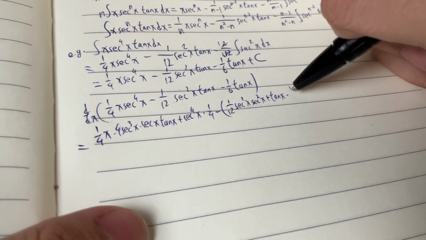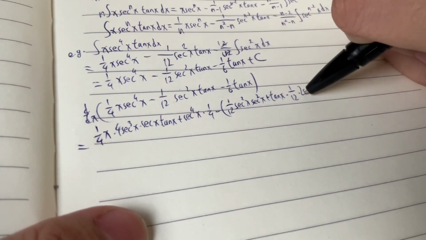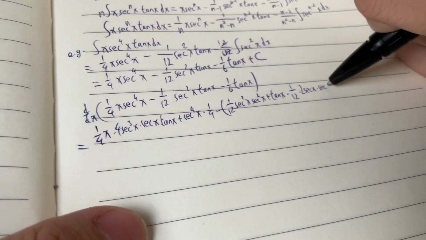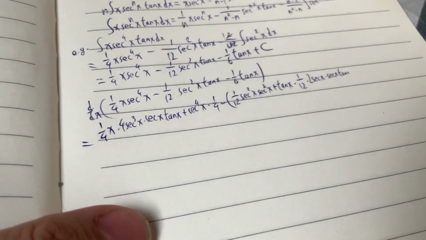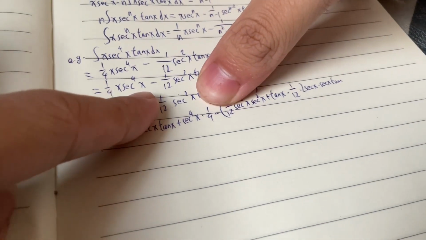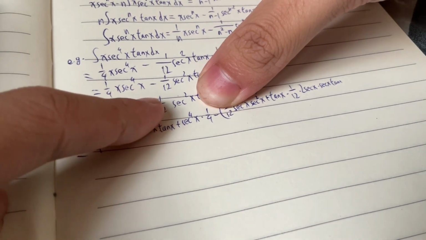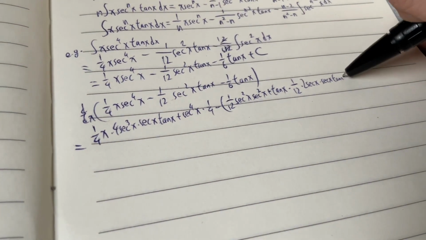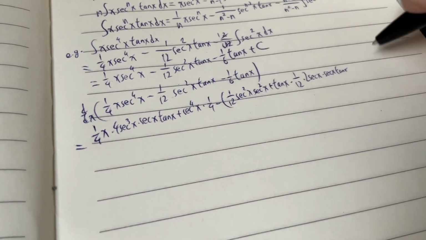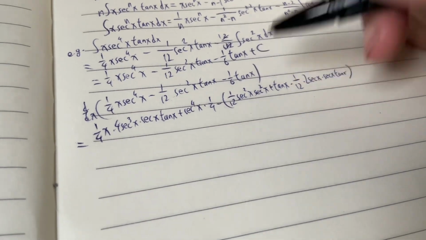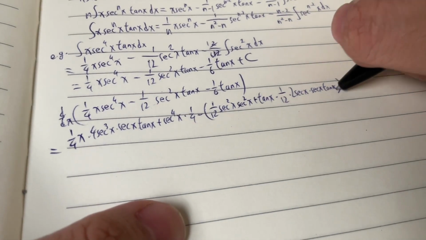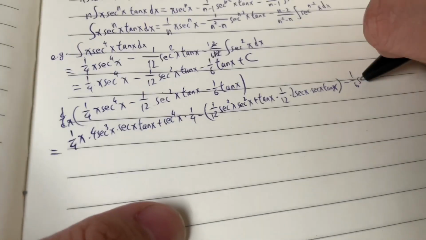So it becomes 1/12 times 2 times secant x times secant x tangent x, because we are doing the derivative of 1/12 secant square x. And then finally, this is the easiest one, just minus 1/6 secant square x.